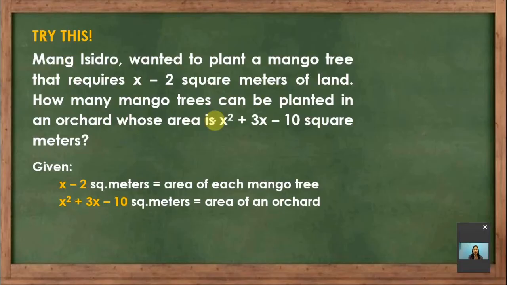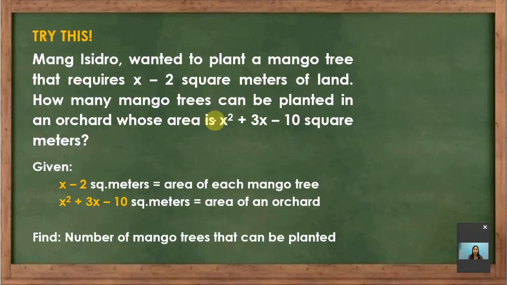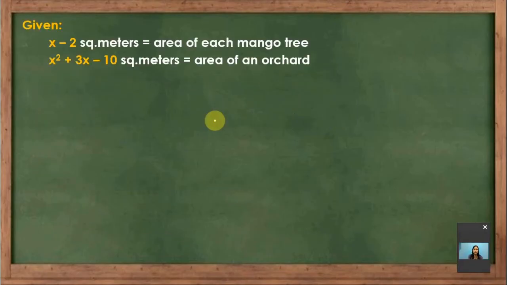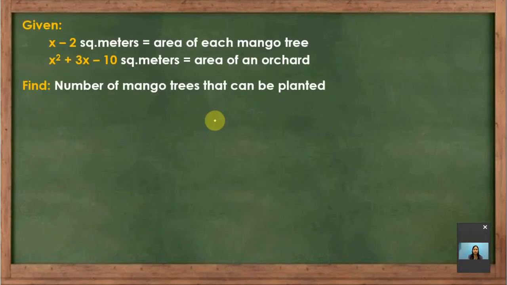This is the area of an orchard. So what is asked in the problem is to find the number of mango trees that can be planted in an orchard. To solve this particular problem, we can apply division of polynomials to find the quotient, which is the number of mango trees.